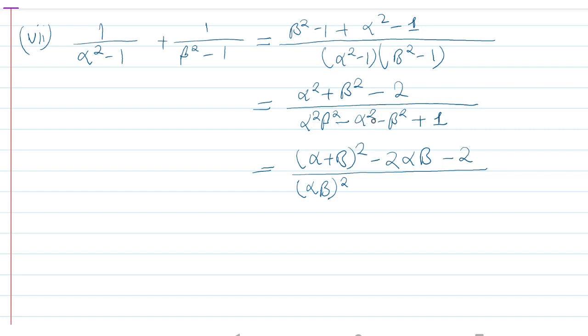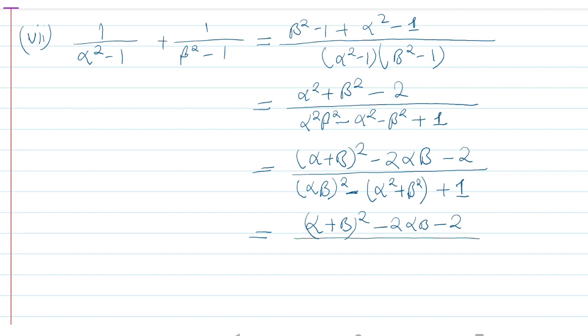Now, here we have minus alpha squared minus beta squared. I will factor out negative 1, so this is negative, and inside I remain with alpha squared plus beta squared plus 1. So I write again alpha plus beta squared minus 2 alpha beta minus 2 as the numerator. In the denominator, alpha beta squared is already simplified, minus.